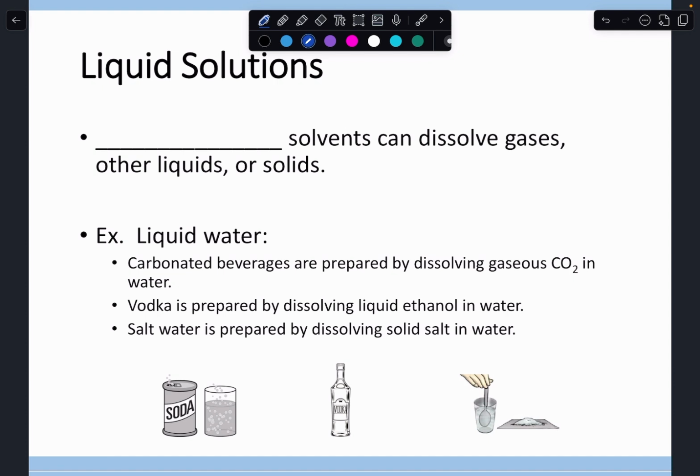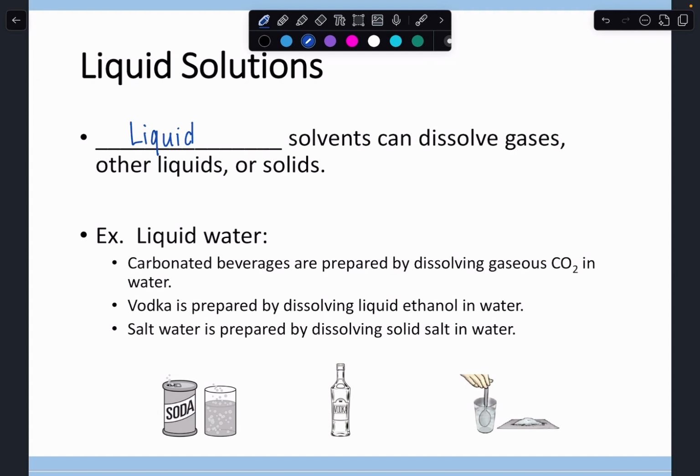So first, liquid solutions. Liquid solvents, so the thing that dissolves solutes, can dissolve other liquids, it can dissolve gases, it can dissolve solids. So I have a few examples here. Just looking at water, if you drink a pop or any carbonated beverage, those are prepared by dissolving gaseous carbon dioxide in water.